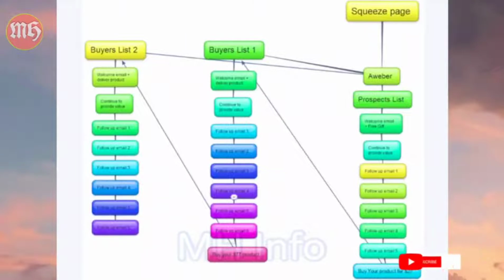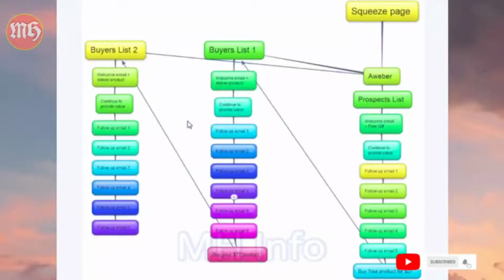This is the sales funnel that you should use when you have 2 products to sell. Just a quick recap: first product, don't go over the $15 mark, and a good price point is around $7, but $7 to $15 is good. Then when they go onto your buyers list number 1, you can offer them another product, going a little bit higher.